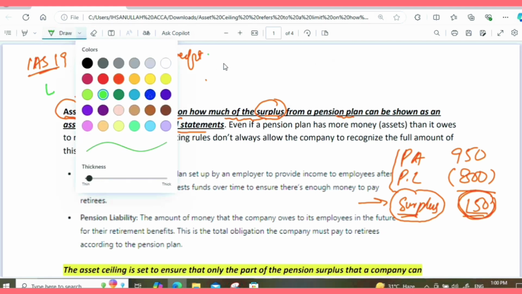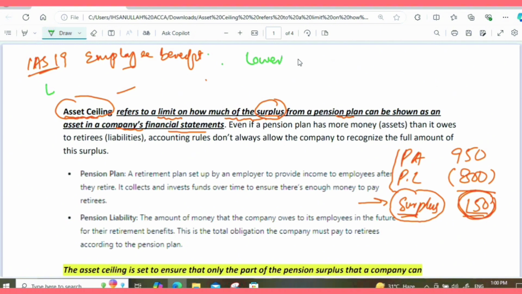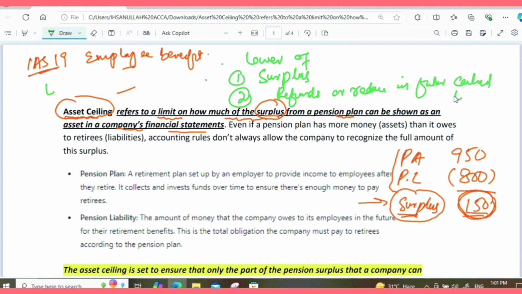First, the surplus, and second, the total present value of economic benefit available in the form of refunds or reductions in future contributions to the plan. So you will take the lower amount.